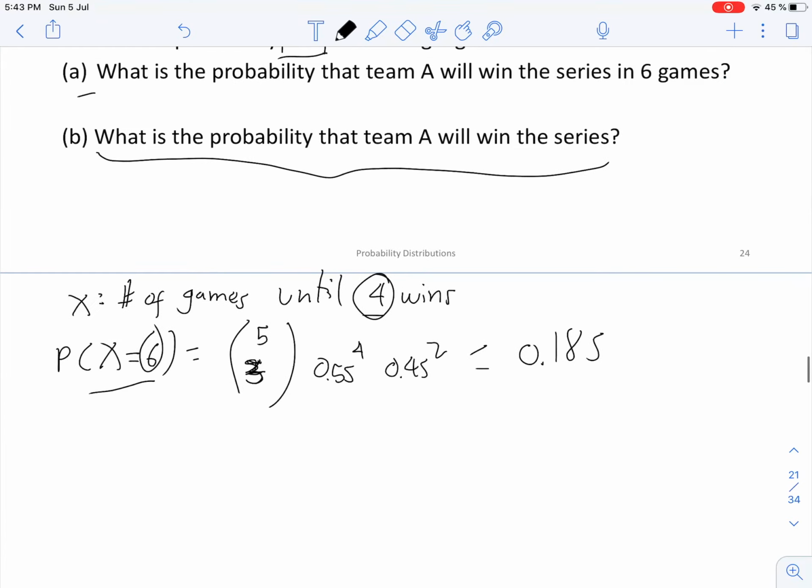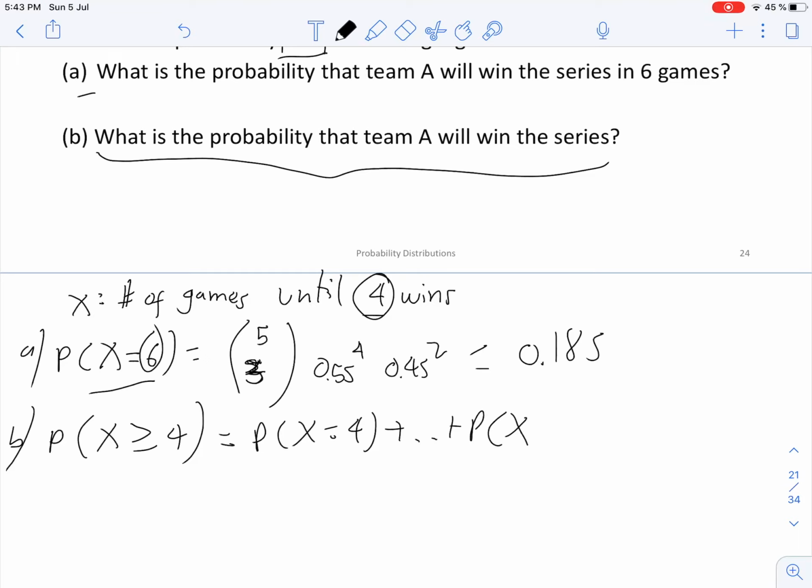And now the next question is what's the probability that team A will win the series? That means that team A may win the series in 4, 5, 6, or even 7 games. So we're being asked to get the probability that x is greater than or equal to 4. So this is the probability of x equal to 4 plus probability of x equal to 5, 6, up to x equal to 7.